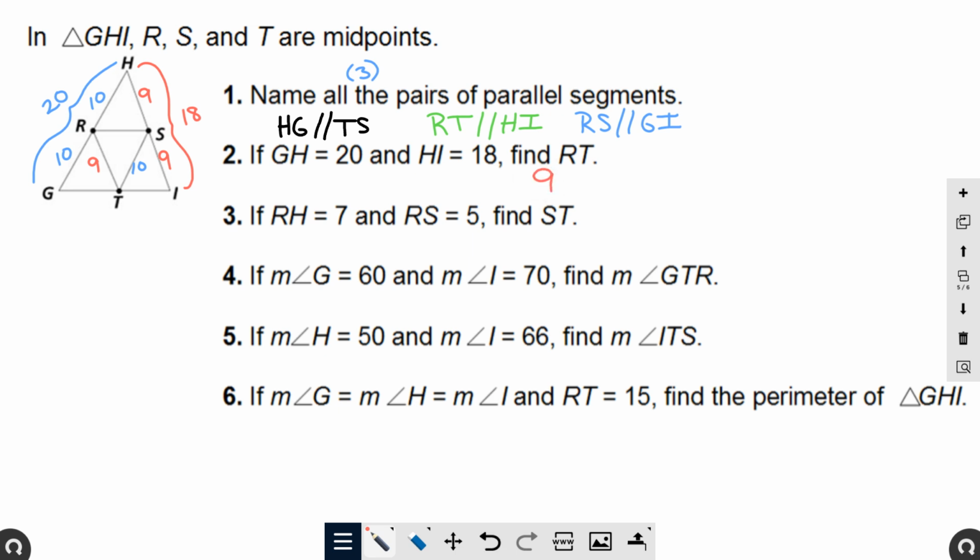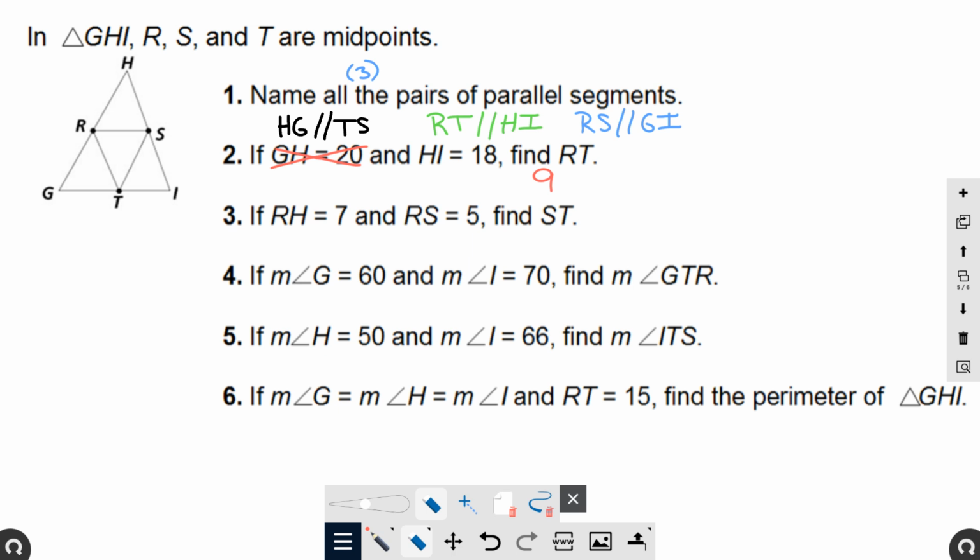What information did I not need for this? I didn't need GH at all. GH is not parallel. I didn't even need that info. The only thing I needed was if I know HI, the third side, is 18, I take half of it, and it makes that mid-segment, which is RT. All right. Let me erase this and let's look at the next problem.